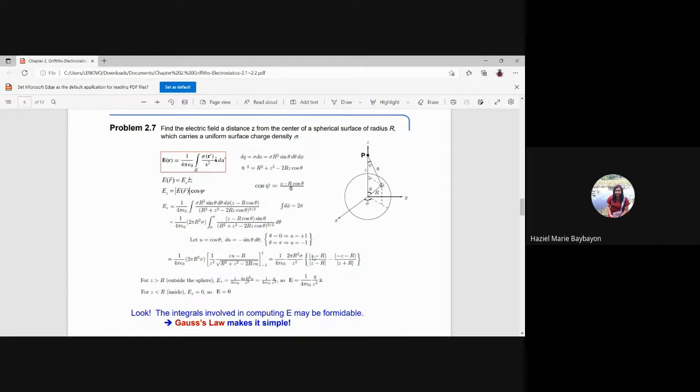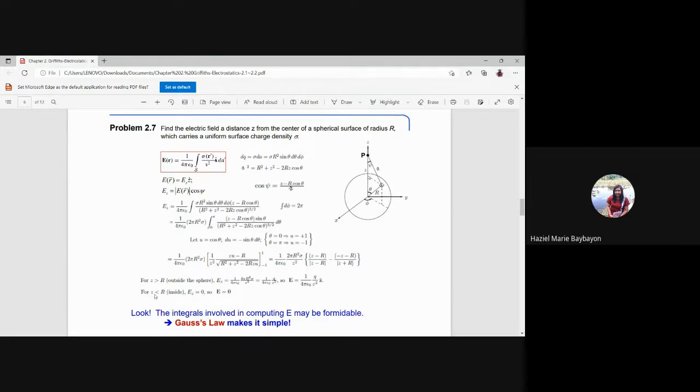If z is greater than r, this term here becomes 2. Okay? So, you have 1 over 4 pi epsilon naught 4 pi r squared sigma over z squared.